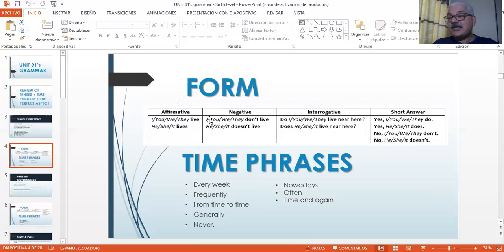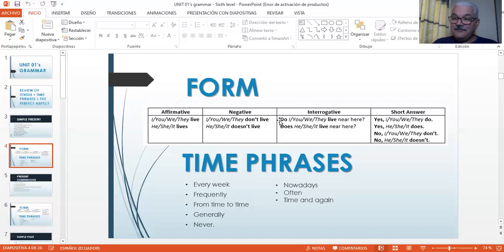So that's why we say this is a verb infinitive. I live, you live, we live, they live. And if it is the third person singular, only for the third person singular, we say he lives, she lives, it lives. So notice how we work in the simple present.